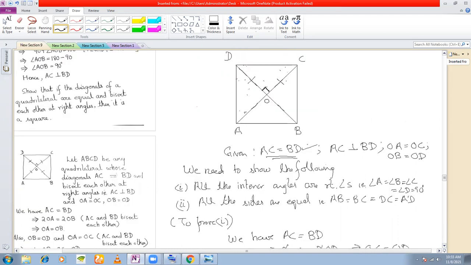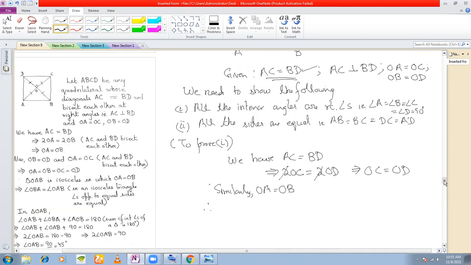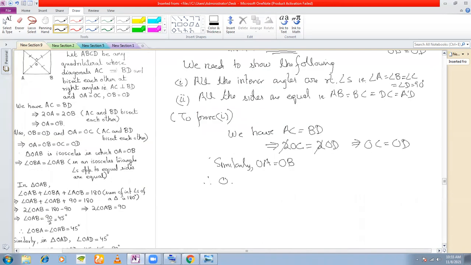All these four lengths are equal. So therefore, OA is equal to OB is equal to OC is equal to OD. All these are equal. Okay.